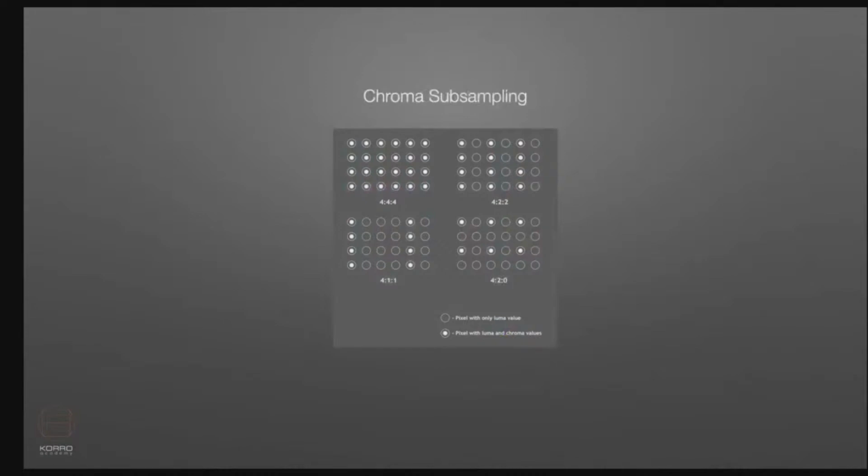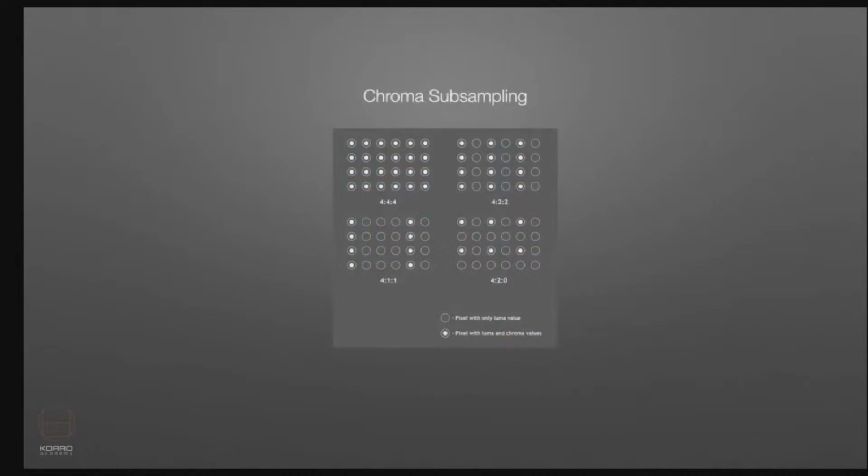The Y component is left alone because we're incredibly sensitive to contrast, and we don't want to make any compromises there, whereas we're less sensitive to color changes, and so we can chuck away a surprising amount of information. With chroma subsampling, you've probably seen these 444, 422, 420 numbers before, and you may well have heard them but not necessarily know what they're saying to you.